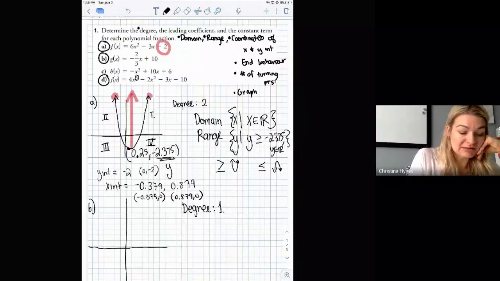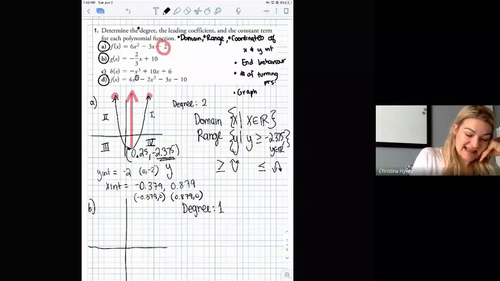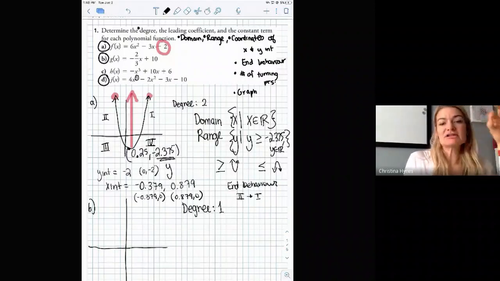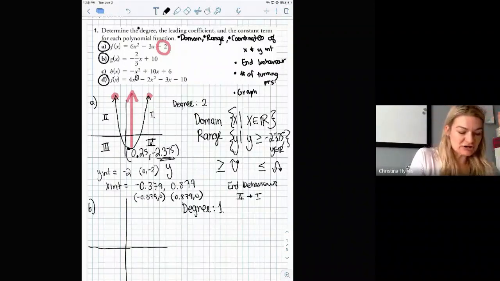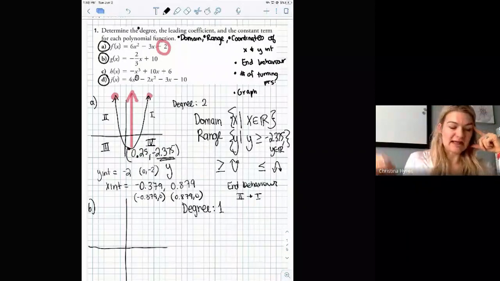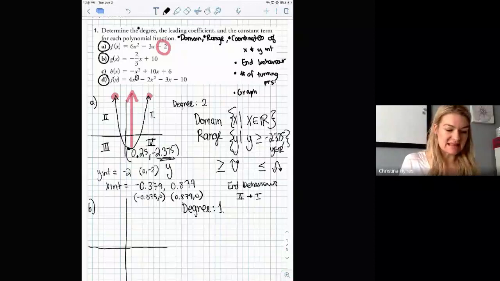You always go from left to right. So we're going to say that the end behavior is from 2 to 1. It starts in quadrant 2 and it ends up in quadrant 1 when you follow that curve.